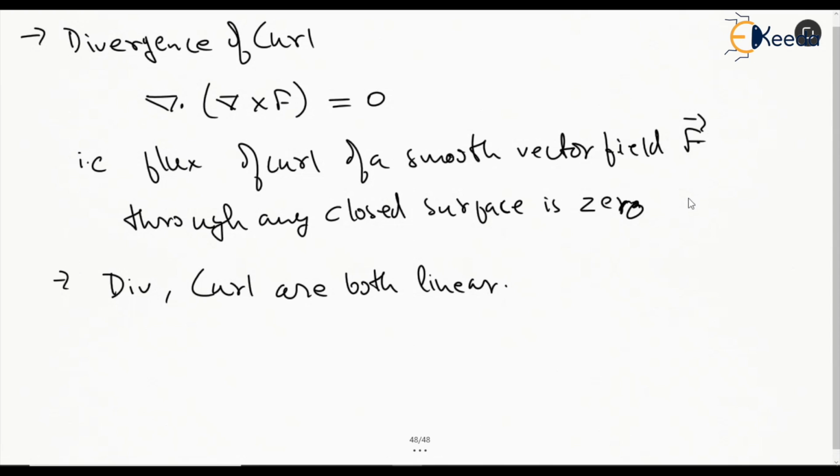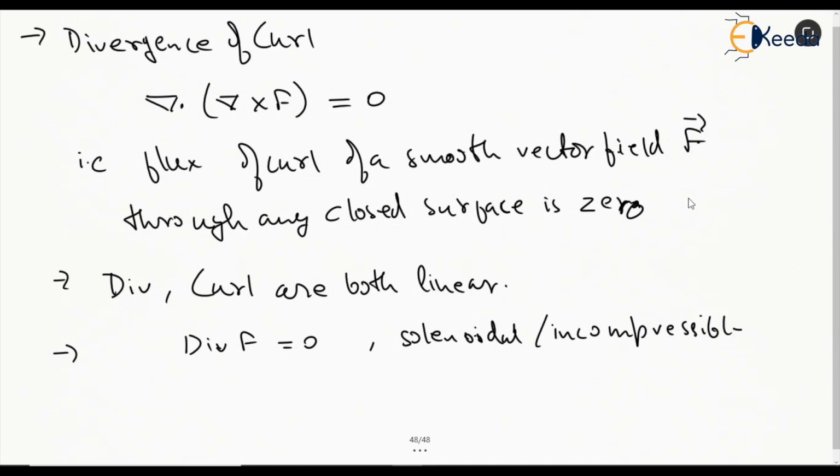Also, you can see some points: once the divergence is 0, it is solenoidal or incompressible. Once the curl is 0, it is irrotational or conservative.